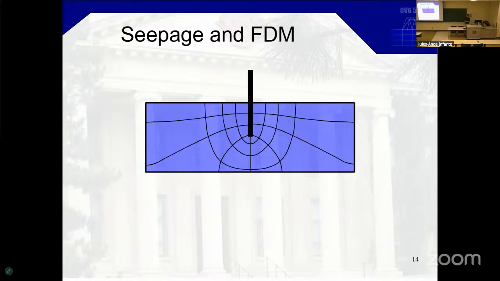So you use seepage as a finite difference example. It's an easy way to get these nice figures. I'm sure you remember from undergrad, right? The seepage flow nets that you had to draw by hand. And yes, the drafting table before the advent of the digital computer was an analog computer that people used all the time.